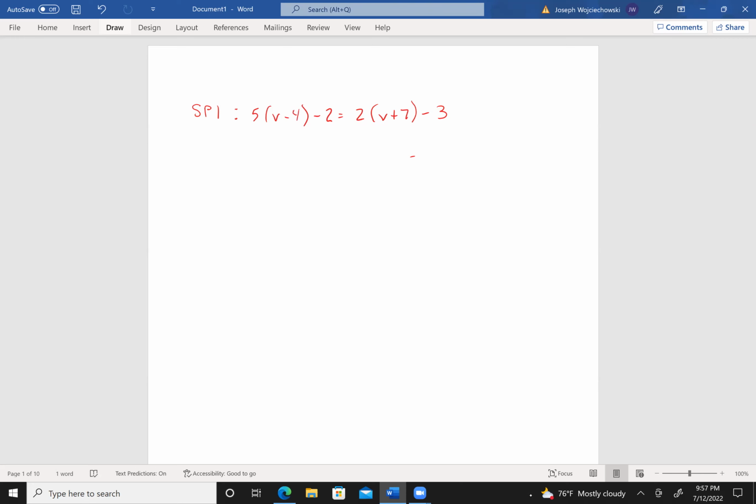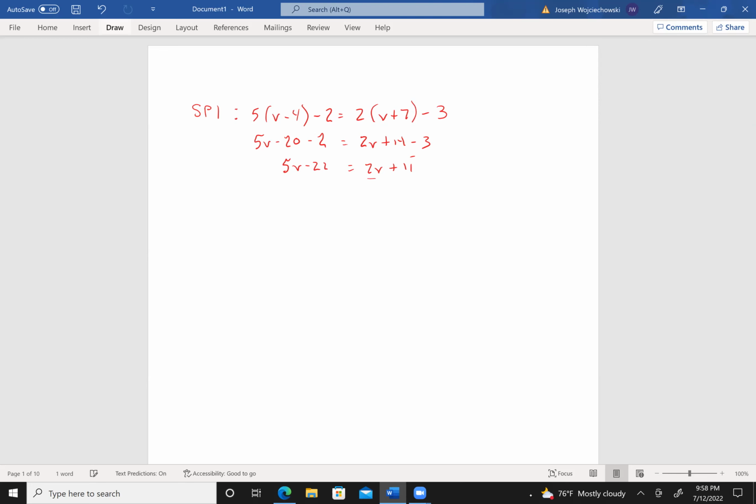So it should be v minus 4. And now I have 5v minus 20 minus 2 equals 2v plus 14 minus 3. So I have 5v minus 22 equals 2v plus 11. And I think I see where the error was made.